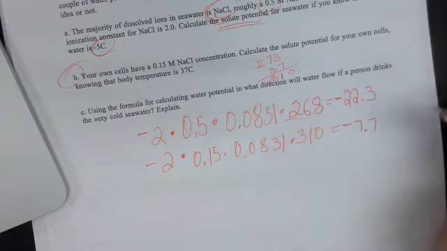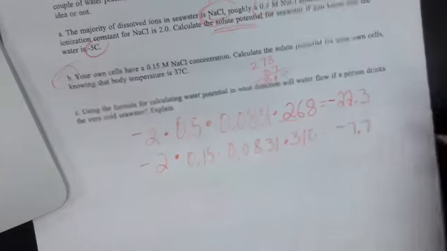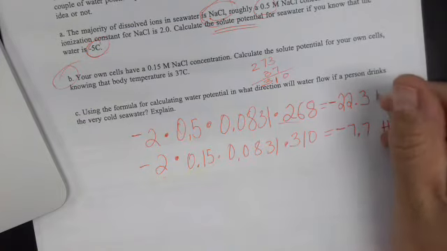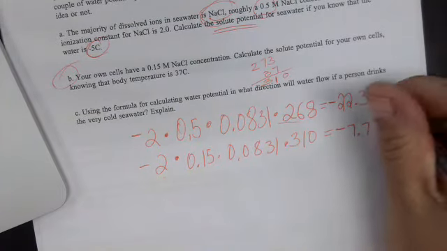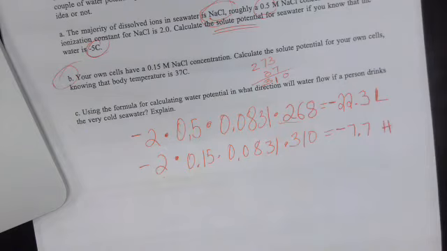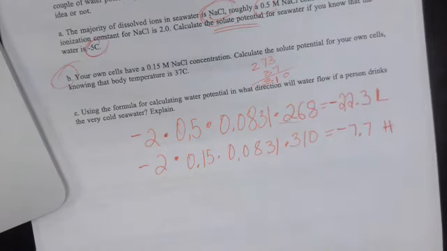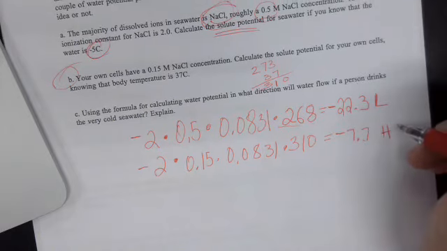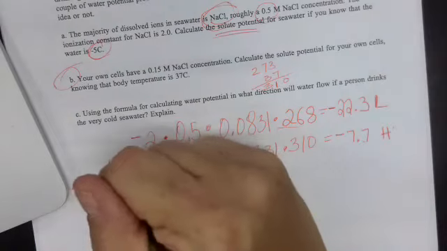Negative 7.7. All right, again, I like to ask myself which one's high, which one's low. So this is the high water potential and this is low water potential. I think you already know the story of what's going to happen if you were to put your cells into seawater, but there's a big difference in your water potential here. So these cells are going to lose water. This is a cell.